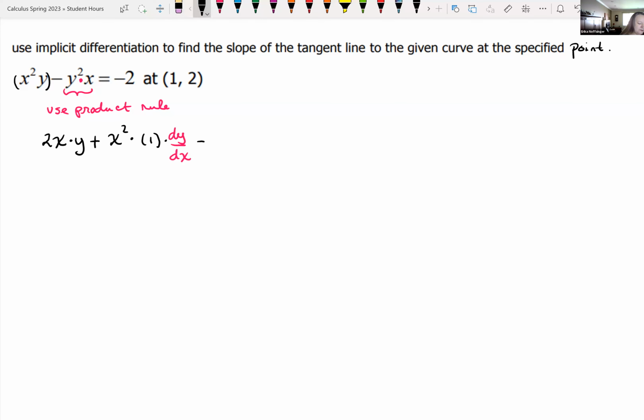Minus, be careful because we have that minus and then we're using that product rule. So we need parentheses or brackets. That negative is going to have to distribute.